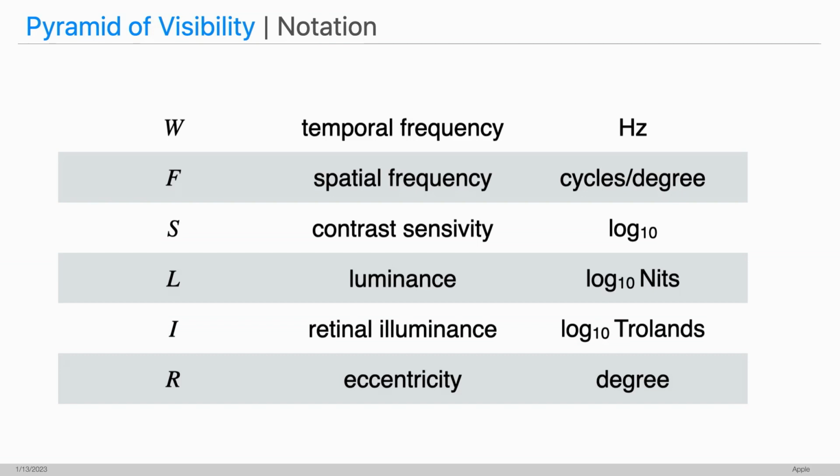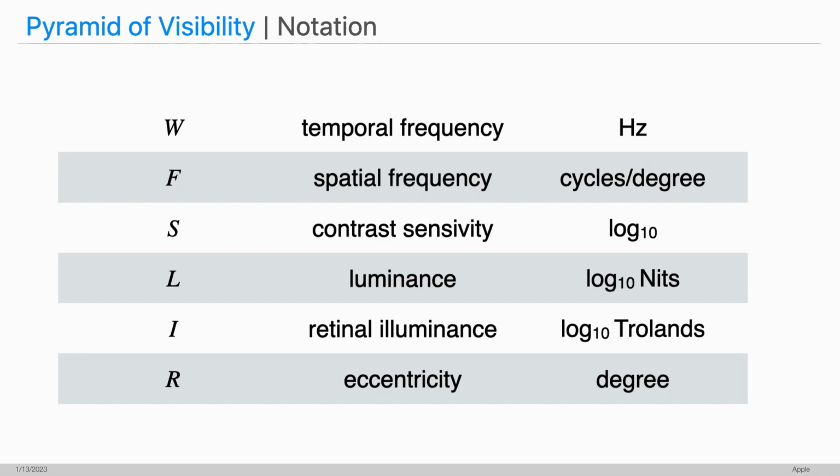That's S. And then we have luminance, which I'm also going to express in log units with that capital L. And retinal illuminance, which is the amount of light that actually gets to the retina, I'm going to express in log trolands. That, by the way, is the product of the luminance and the area of the pupil. And finally, we're going to be thinking about sensitivity as a function of distance from the point of fixation in the visual field. So we're going to use R to express degrees of angle relative to the point of fixation.